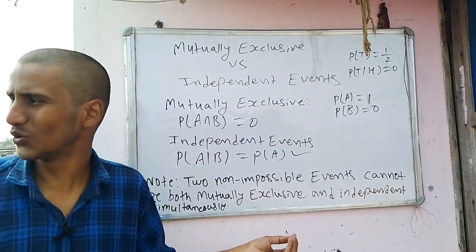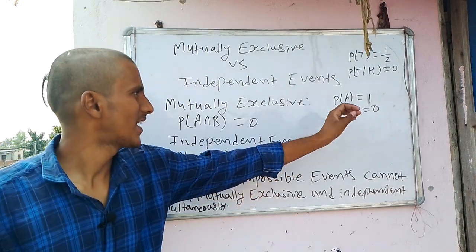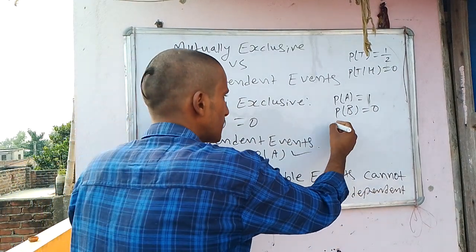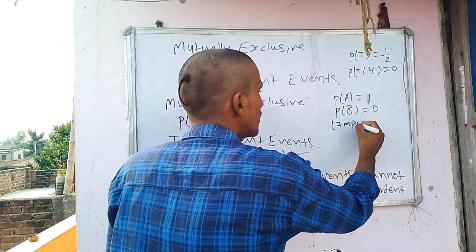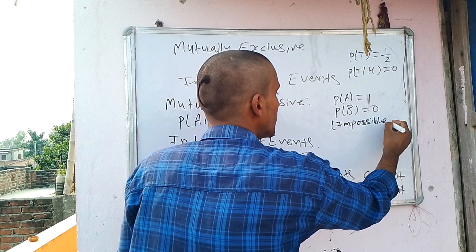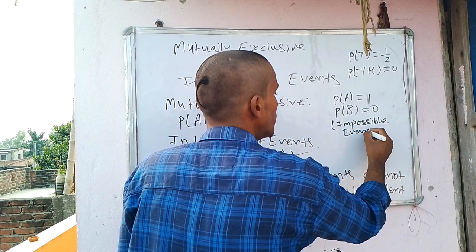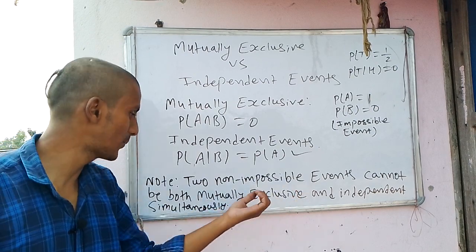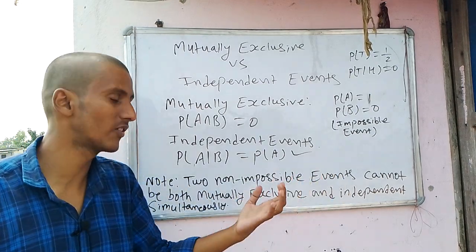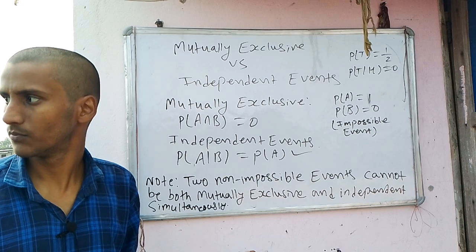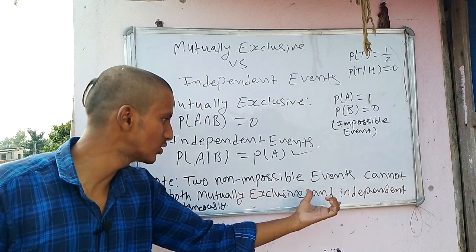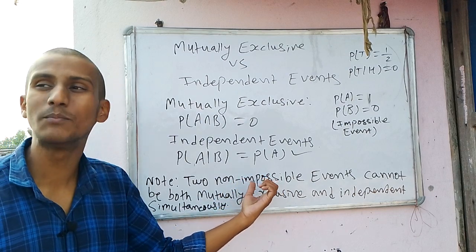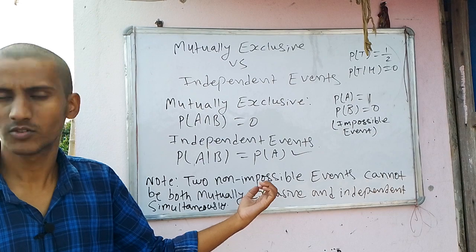You know for sure that A is going to occur, and B is not going to occur. Meaning B is an impossible event. If there is one impossible event, then they can be mutually exclusive and independent at the same time. Two events will be mutually exclusive and independent at the same time only if one of them is impossible.